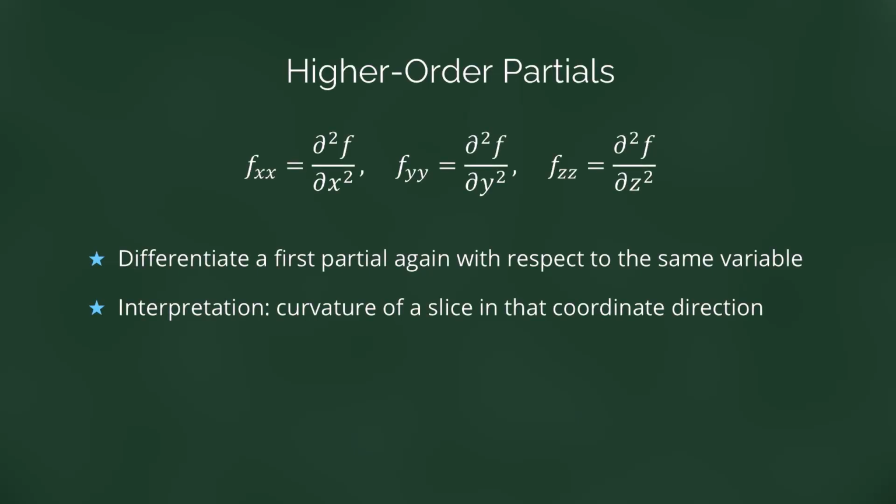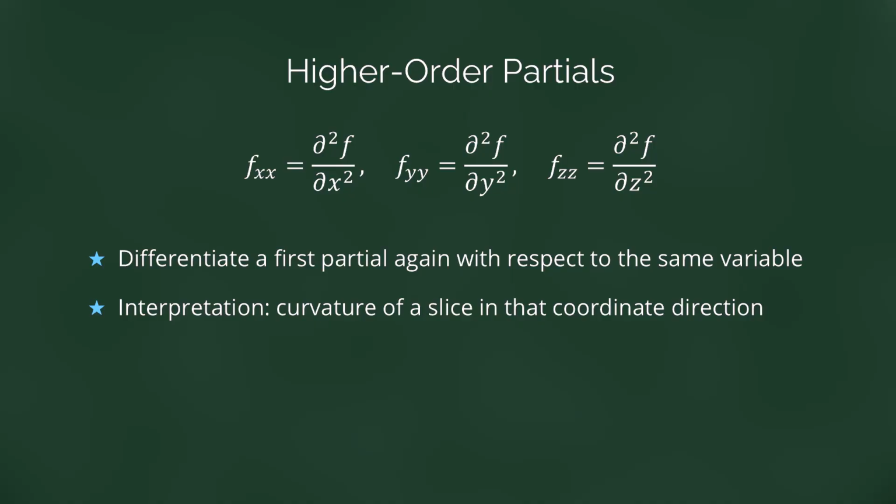Because partial derivatives are themselves functions of the variables in question, that means they have derivatives. We can take those derivatives called higher order partial derivatives. So here we have f sub xx is the second partial derivative with respect to x. F sub yy is the second derivative of f with respect to y.